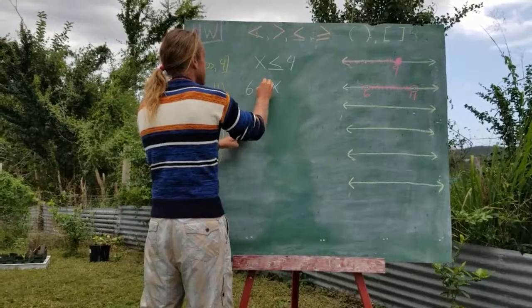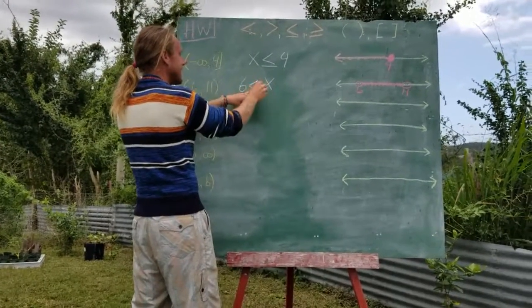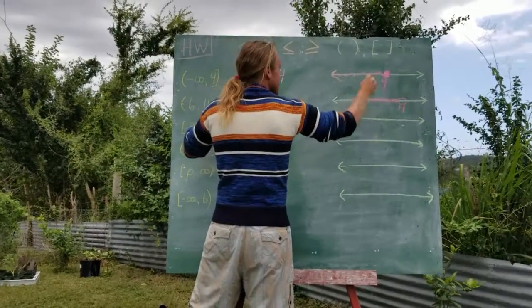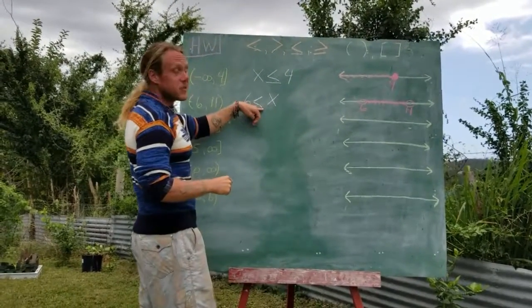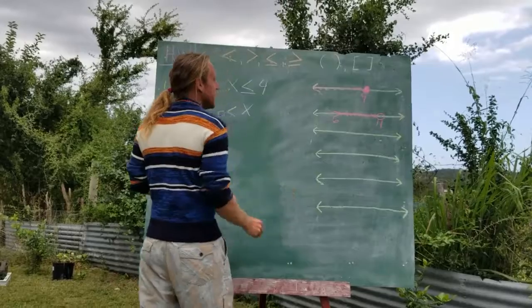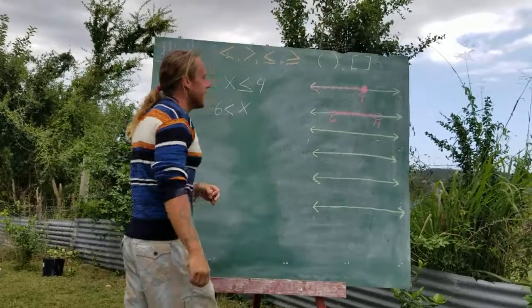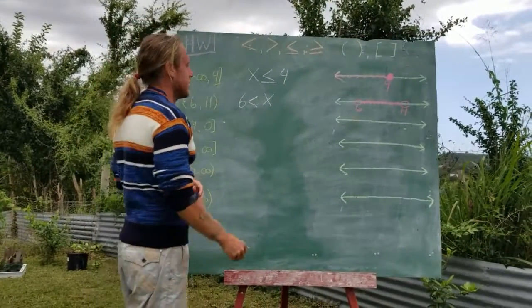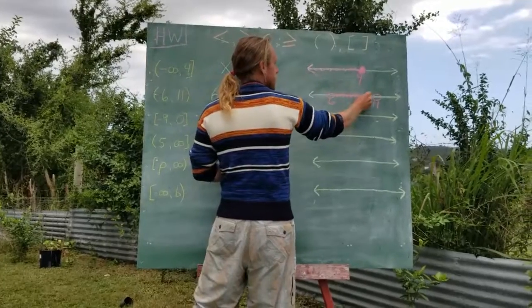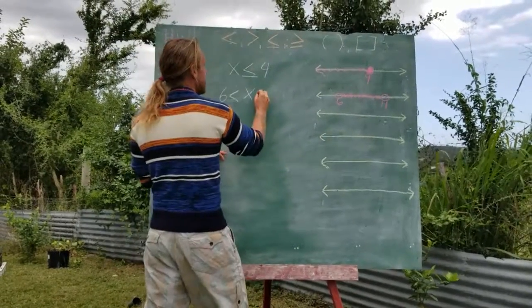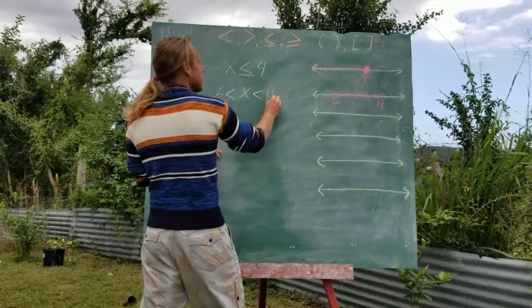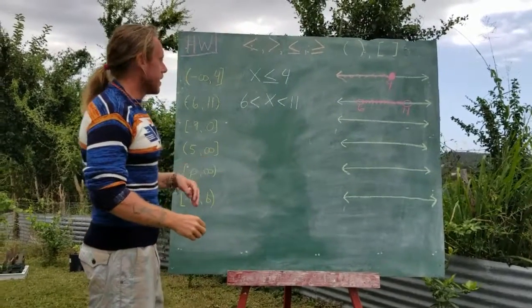So if we say 6 is less than x, anywhere we go, that is a true statement within the red. Now, not less than or equal to, because 6 is not included. Well, how about with respect to 11, the other endpoint? Anywhere we choose within the red, x is less than 11. And again, not equal to, 11 is not included.